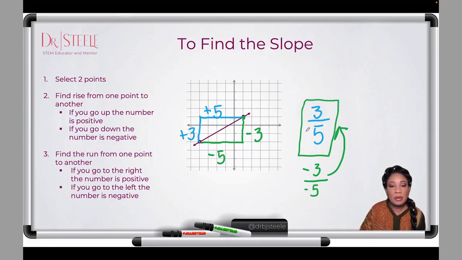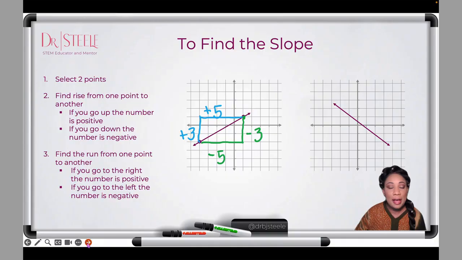Because a negative divided by a negative is a positive. Remember? Okay, so doesn't matter which way you go. You just need to remember, if you go up, it's positive. To the right, it's positive. Now, I typically just have students go up or down and then always to the right. It just helps with not getting confused on which way to go.